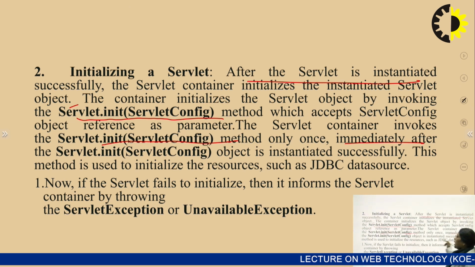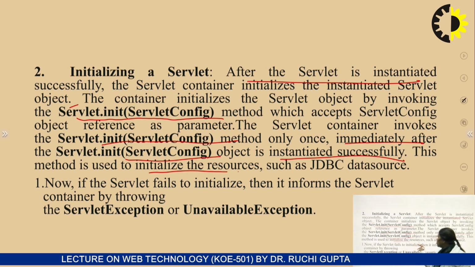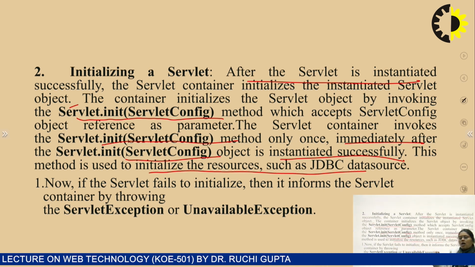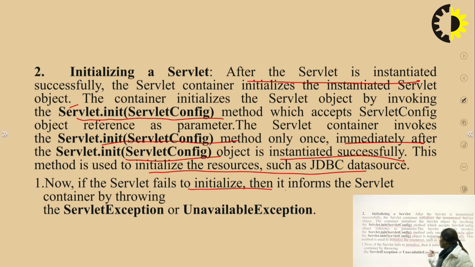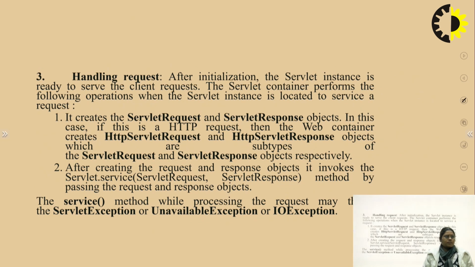Immediately after the servlet config object is initialized successfully, this method is used to initialize the resources. If we want to connect with the database, we can start the process of JDBC connectivity. If the servlet fails to initialize, the container will show unavailable or an exception.